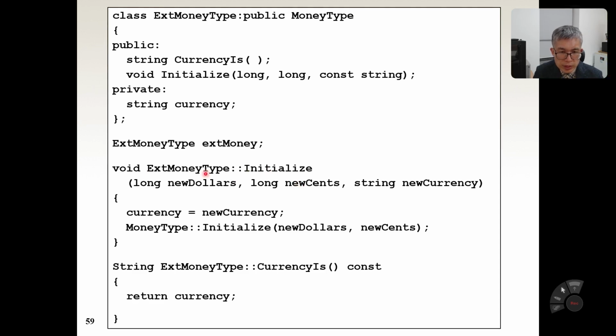You can see the code in this one, and inside it the MoneyType member variable initialize is also called using this kind of scope resolution symbol. And then ExtMoneyType currency just returns the currency.